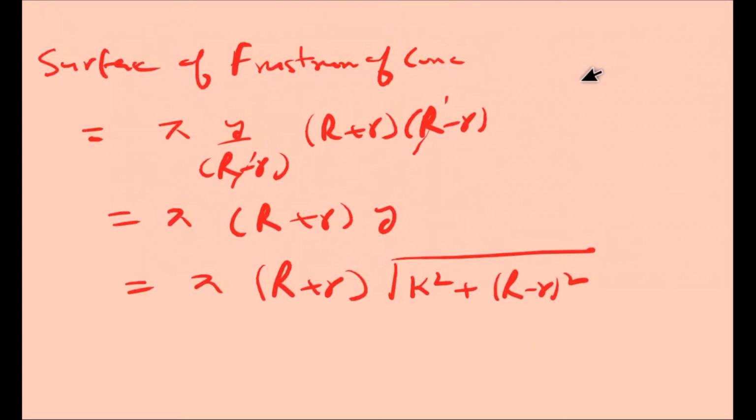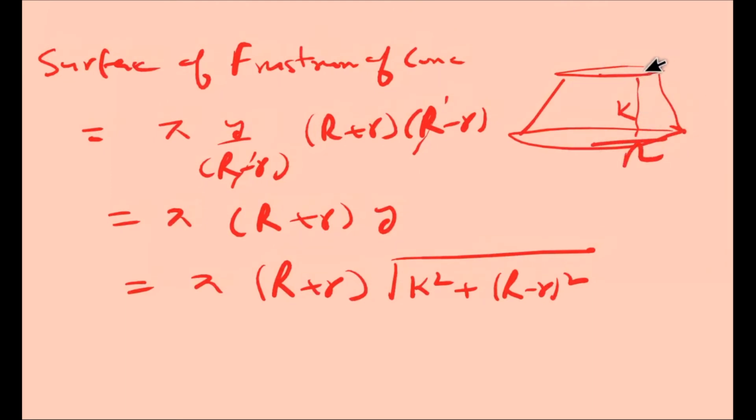And again we are describing this diagram. The height of this is k, this is capital R, and this is small r. These three values we have to use in this type of question. But how did you get it? So you have to learn it.